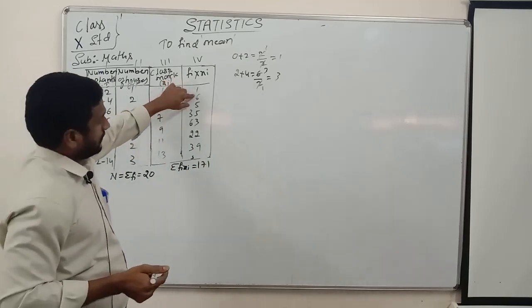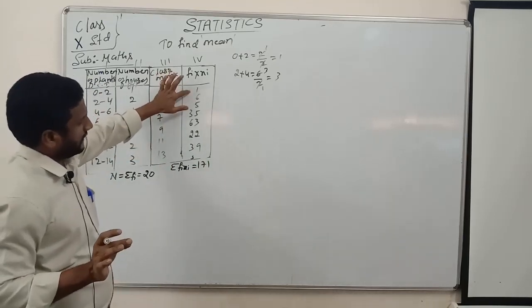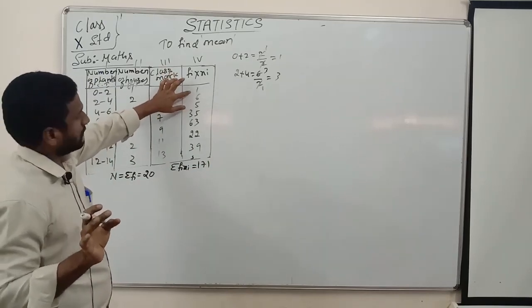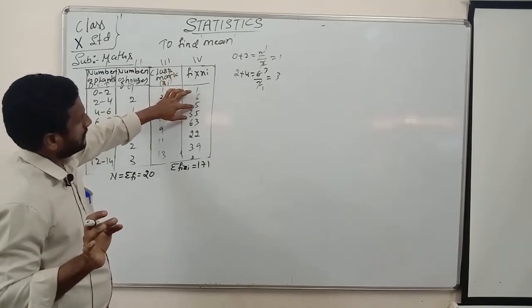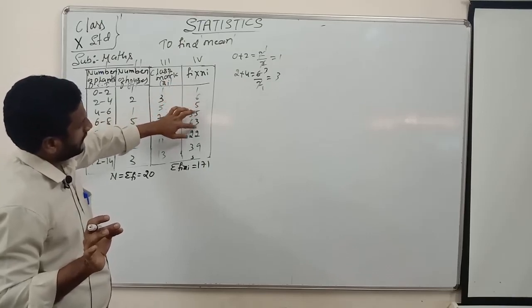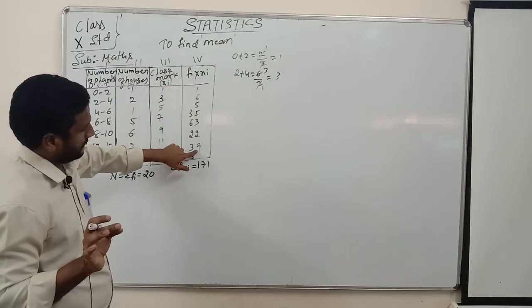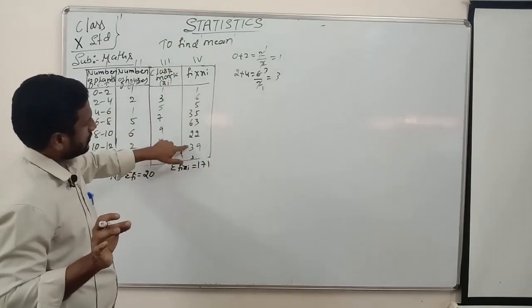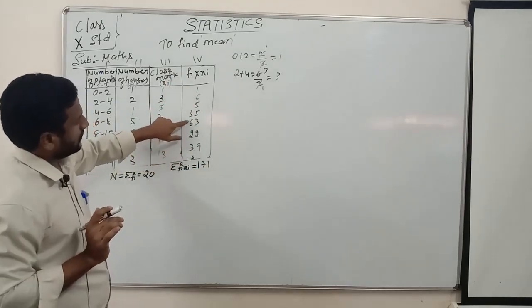While adding, you should add very clearly. So 1 plus 6, 7, 7 plus 5, 12, 12 plus 5, 17, 17 plus 3, 20, 20 plus 22 and 31. Yes, correct here.